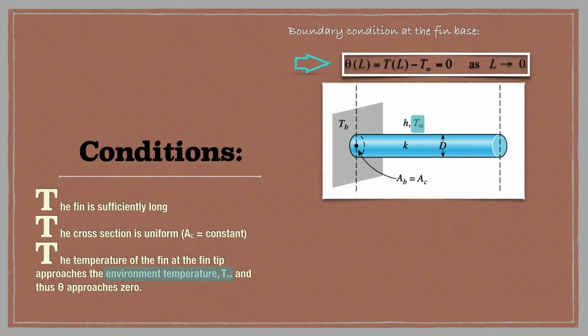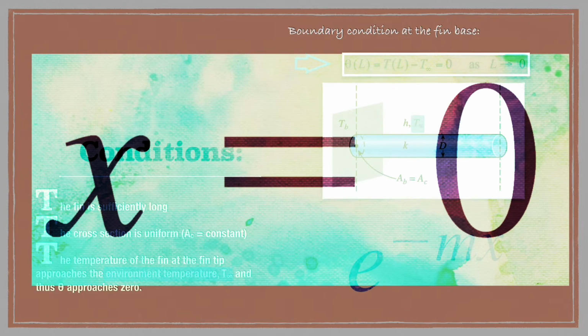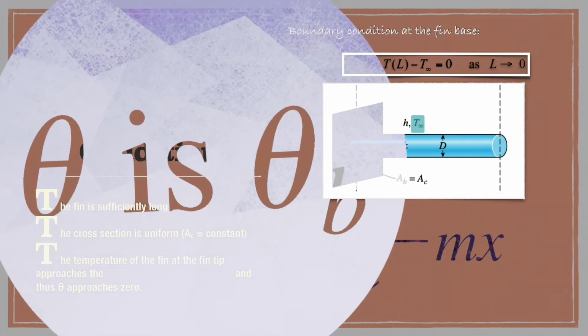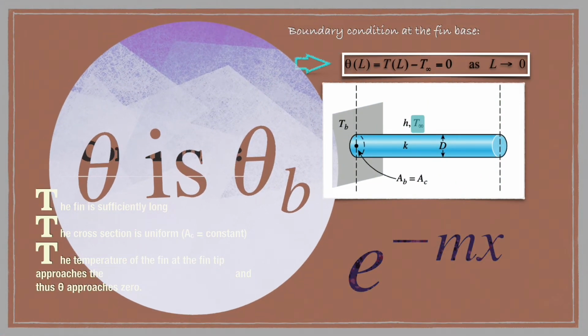Therefore, in this case, the general solution will consist of a constant multiple of e to the power of negative mx. The value of the constant multiple is determined from the requirement that at the fin base, where x equals 0, the value of theta is theta subscript b.